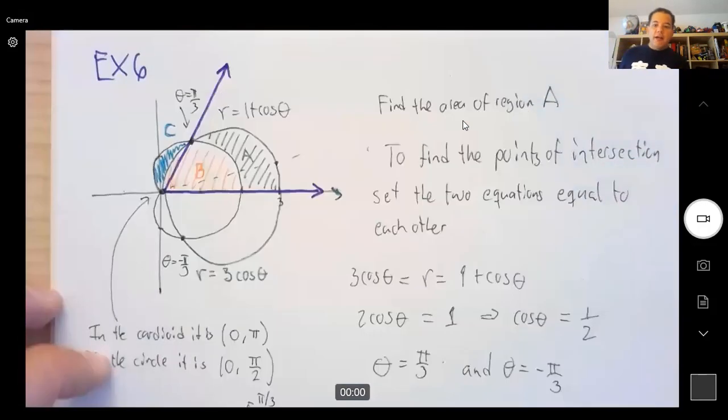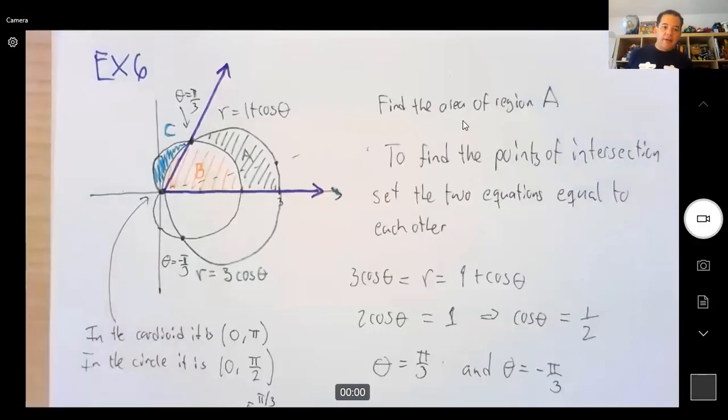All right. Now, what would be the best way to do B? Given that we already did A, what would be the best way to do B? Can you do area of half a circle and subtract A? That's exactly correct, right? Like Michael just said.